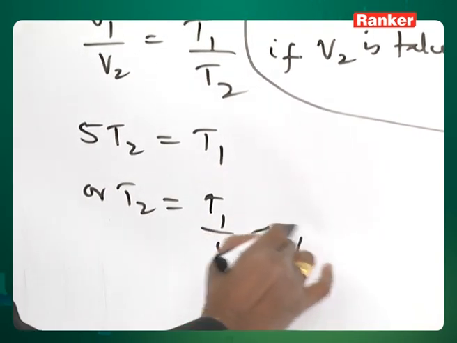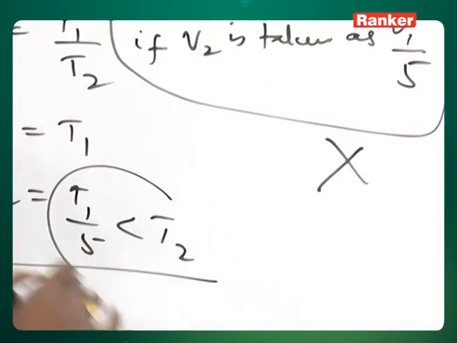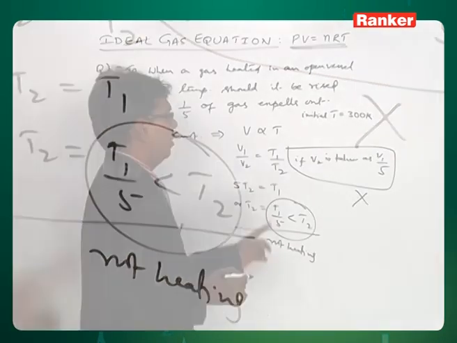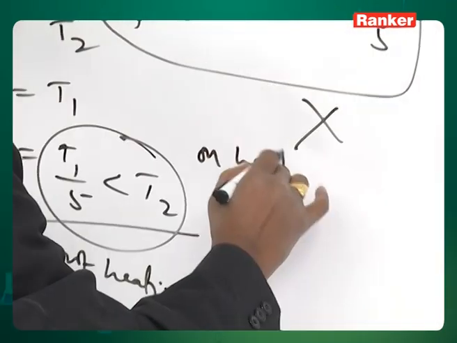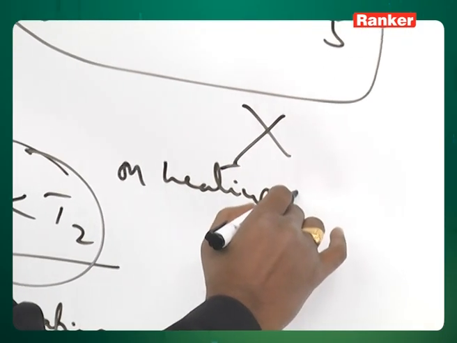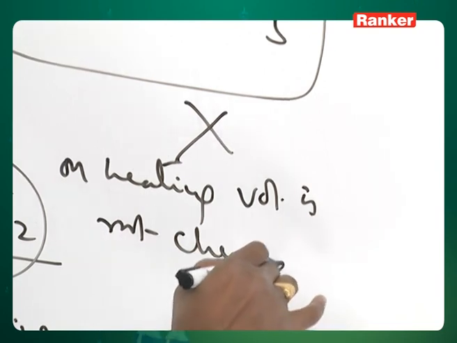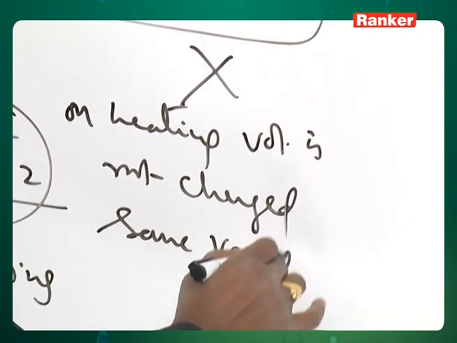This is actually wrong, because it means you are getting a T2 less than T1, so it is not heating. And another thing: this being an open vessel, on heating, the volume is not changed, because it is the same vessel.